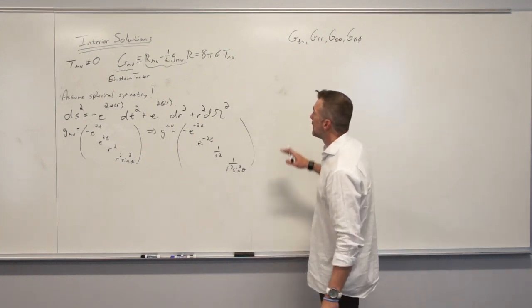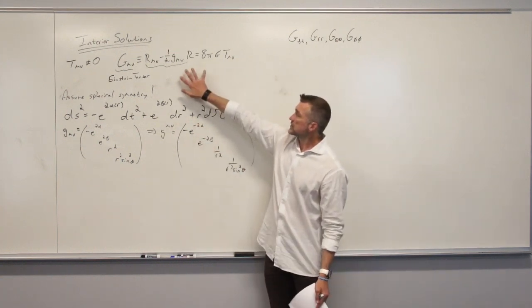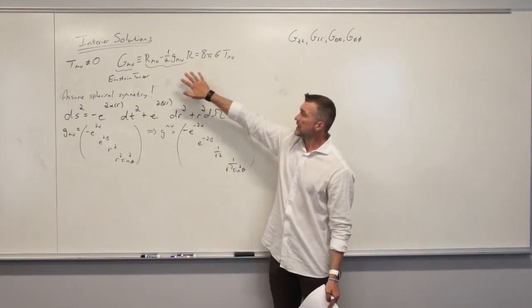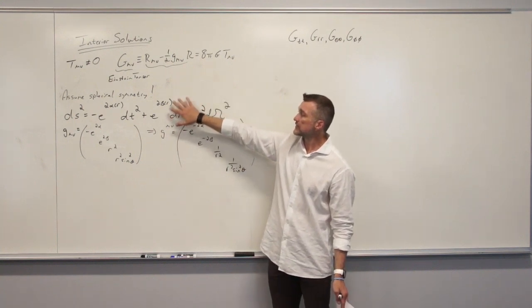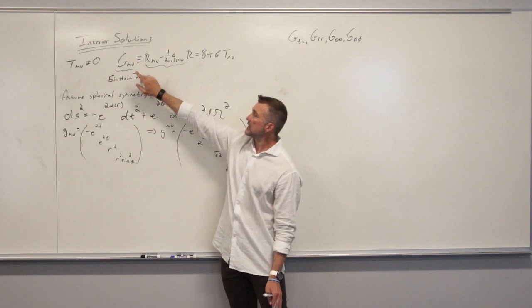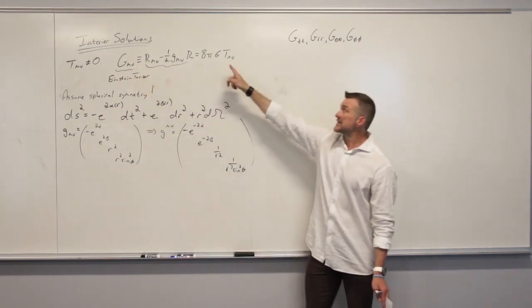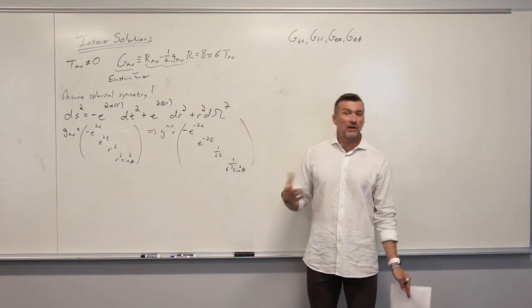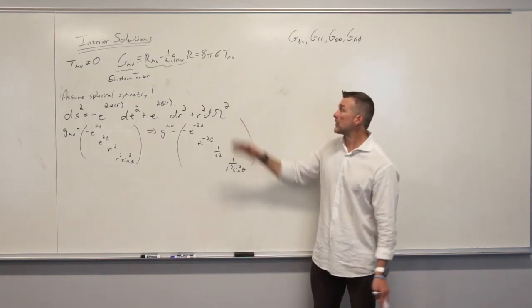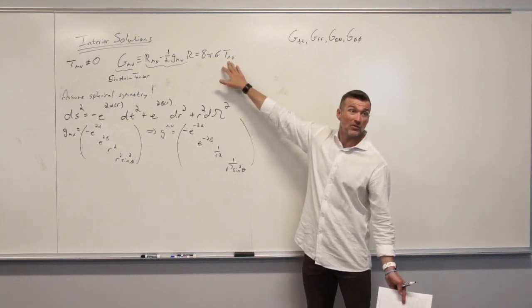Okay, so I want to solve this differential equation, and what I've done now is taken the metric with these unknown functions, shoved it in and gotten expressions for the components of the left-hand side. Now I have to say something about the right-hand side. In the exterior case, I kept saying, what do we set it equal to? 0. Well, now we're not going to set it equal to 0. We're going to set it equal to this. But I have to tell you what T mu nu we're going to use.